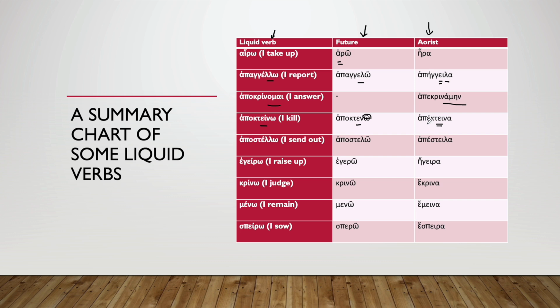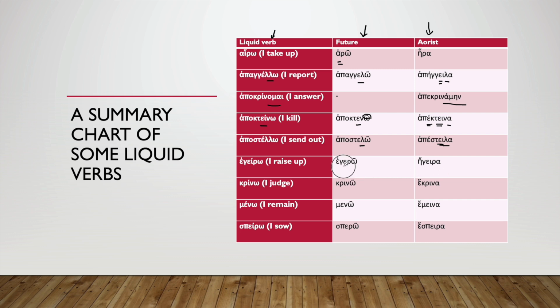And over here in the first aorist form, we see the augment occur. It's a compound verb, and no other changes. Its stem vowel stays basically the same. ἀποστέλλω, again, we saw that earlier. The loss of the lambda in the future and in the first aorist, and the lengthening of that stem vowel.